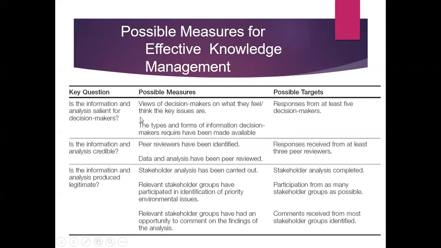So is it pertinent? Some of the things that you could look at measuring are views of decision makers on what they feel and how they think on the issues, and the types and forms of information decision makers require that have been made available. So in other words, the greater the number of types of information that they need, is it available?